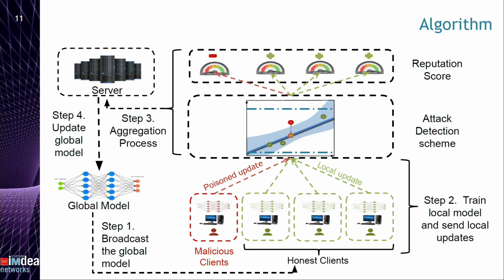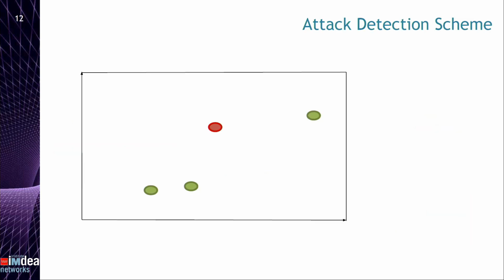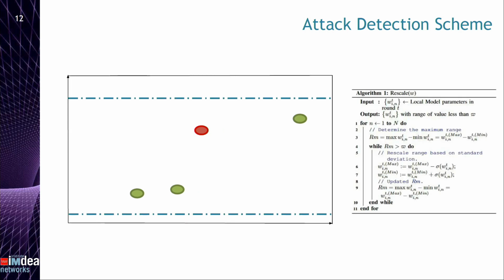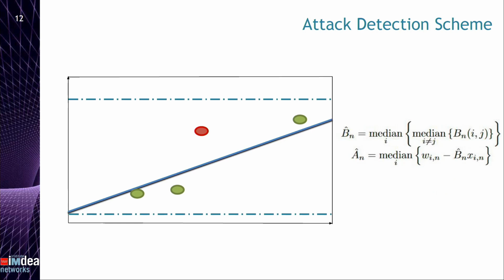Now we go to the detail about our attack detection scheme. At every iteration, when model updates from clients arrive at the server, we first apply a rescaling algorithm to rescale the range of the value for each parameter in the update.